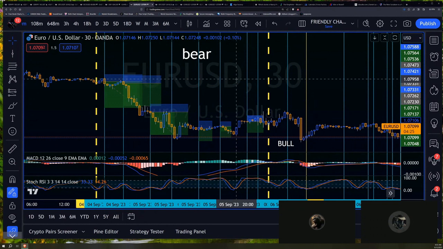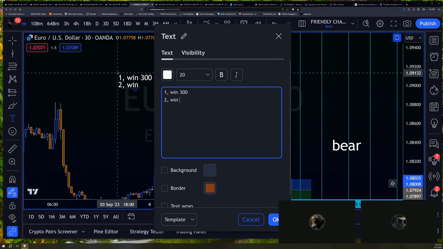And in this case, we could tally up the numbers. Just real simple here. So we'll say test 1, win 300, test 2, win 280, test 3, win 320, test 4, lose 100, lose 100, lose 100.